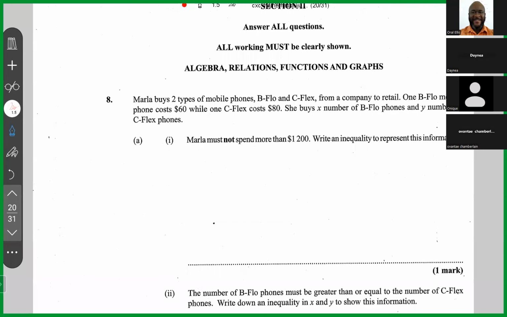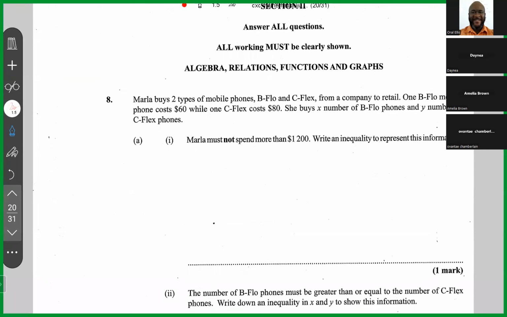All right, question number 8 says Marla buys 2 types of mobile phones, B-Flow and C-Flex, from a company to retail. One B-Flow mobile costs $60, while one C-Flex costs $80.